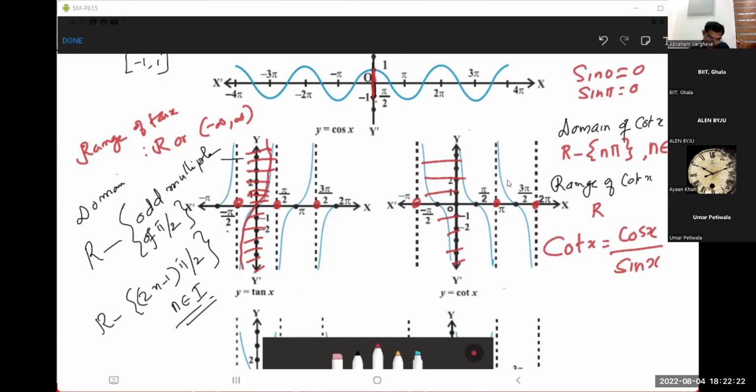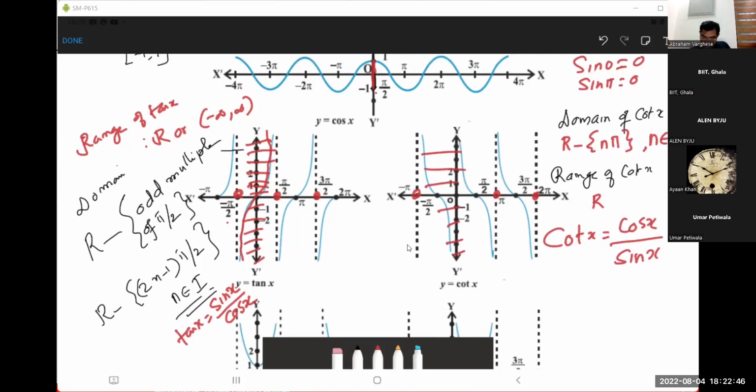The reason is tan x is equal to sin x by cos x. So where cos x is equal to 0, it is not defined. Cos x is 0 at odd multiples of pi by 2, because cos pi by 2 is 0, cos 3 pi by 2 is 0, etc. I hope that part is clear.